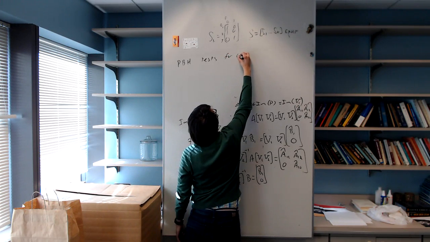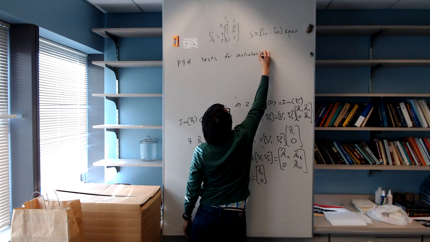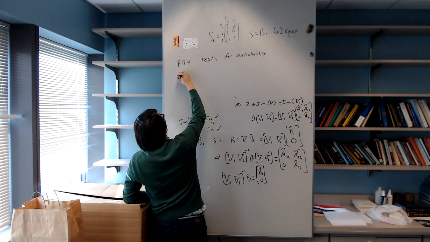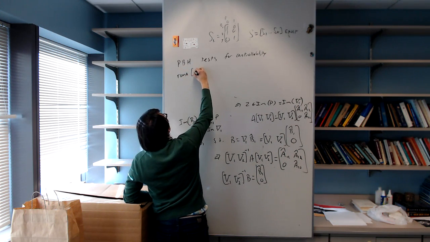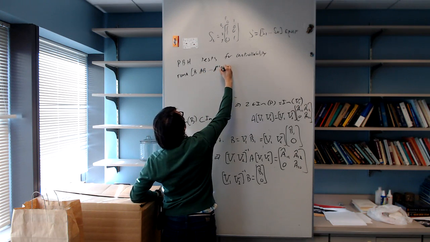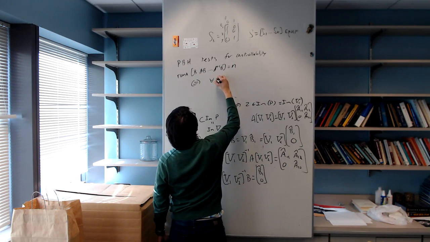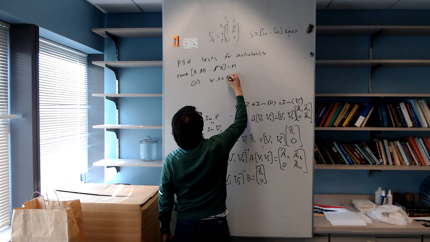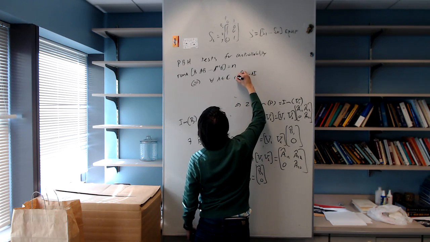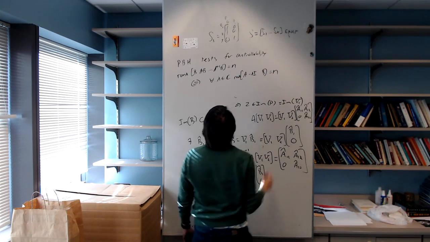Controllability: the rank of [B, AB, ..., A^(n-1)B] is equal to n if and only if for all lambda in the complex plane, the rank of [A minus lambda I, B] is equal to n.